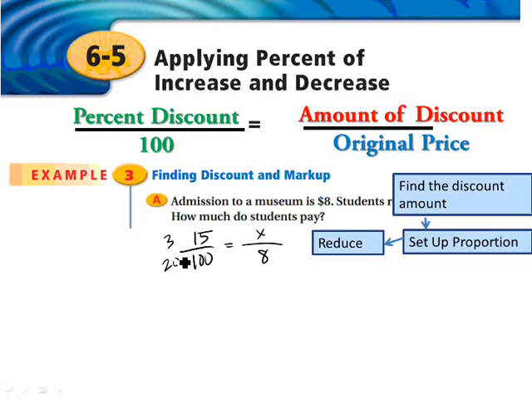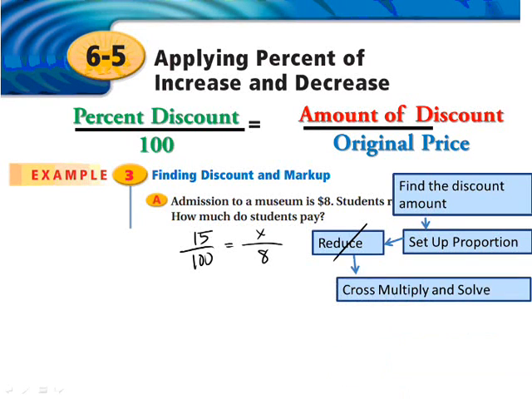It's not rocket surgery, but dividing by 100 is easier. So in this case, I am not going to reduce, and know that that option exists. You do not always have to reduce the ratio before you solve the proportion. So I'm skipping the reduce step, moving right along to cross multiply and solve.